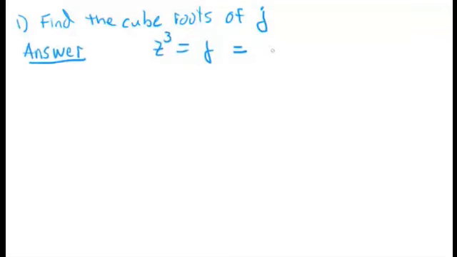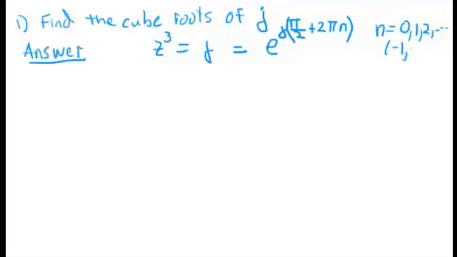J has magnitude 1, so the factor out front of the exponential is 1. Then we have e, and it's got angle pi over 2. And that's been good enough so far, but now we need to remember you can add any multiple of 2 pi to the angle of a complex number. And so we'll add 2 pi n to that, where n equals 0, 1, 2, etc. In fact, it could be minus 1, minus 2, etc. Any multiple of 2 pi.